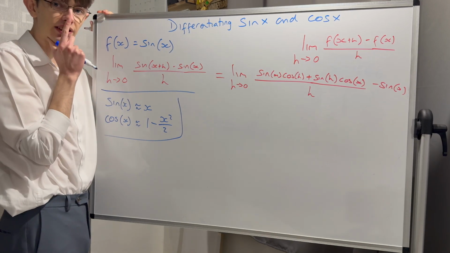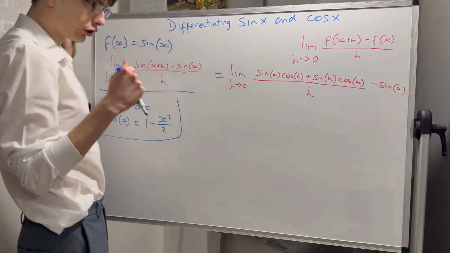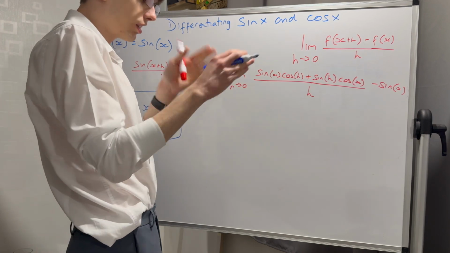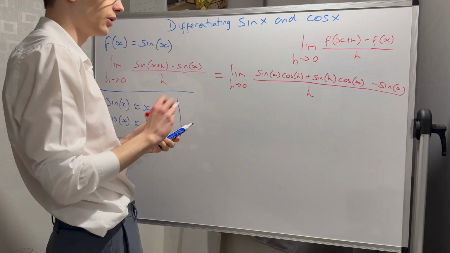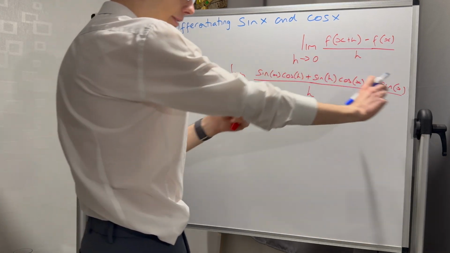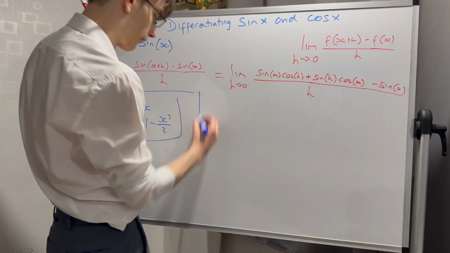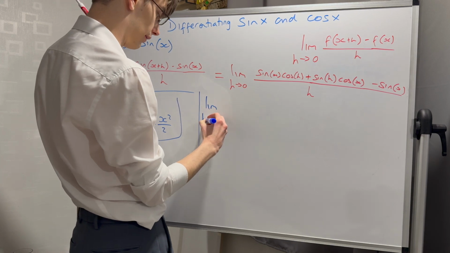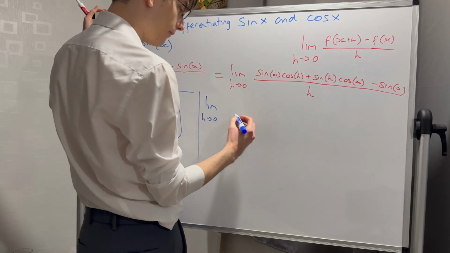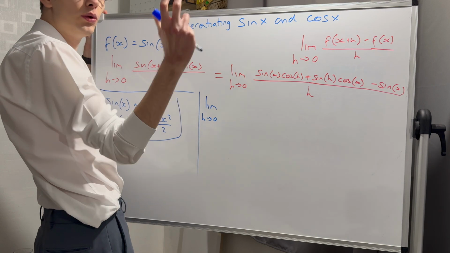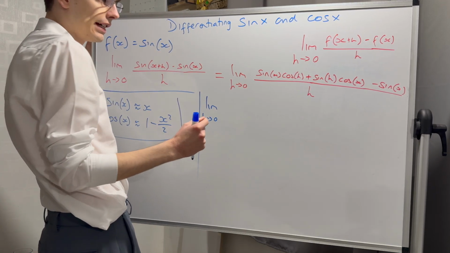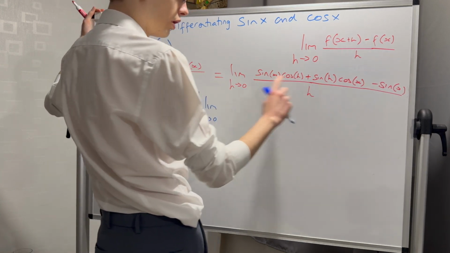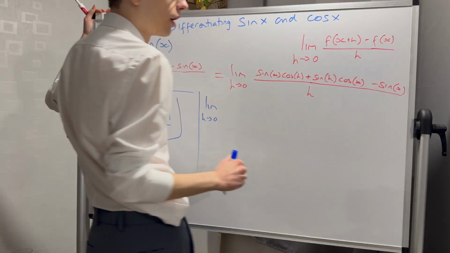So I'm going to be using these, and I'm also going to do a kind of horrible little trick, which is to split this up, and you'll see why. I'm going to split up this formula. So I'm going to keep my limit in, always keep the limit in, and I'm going to split it into two different fractions. The first one, I'm going to include the sine x cos h and the minus sine x.